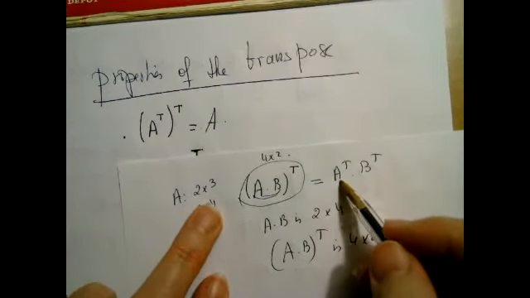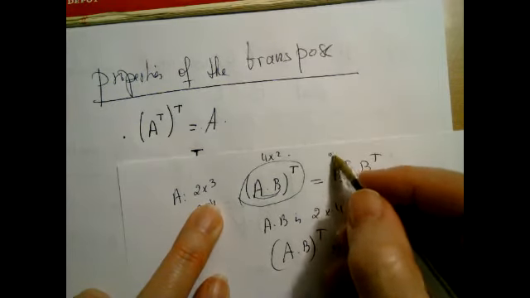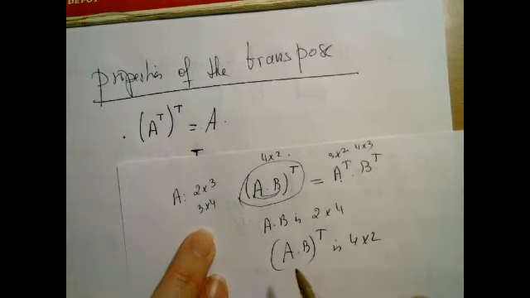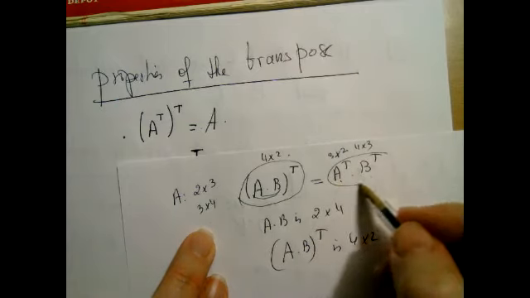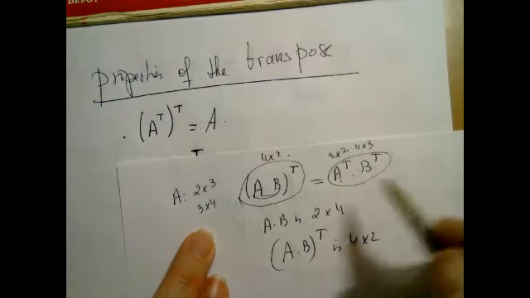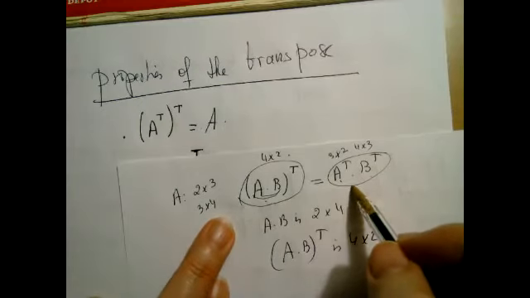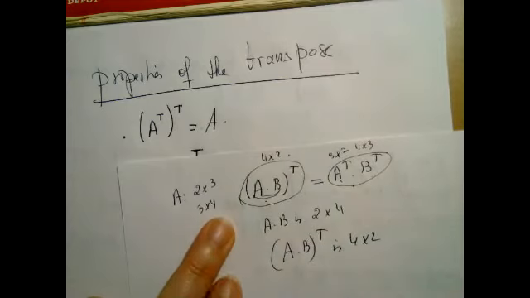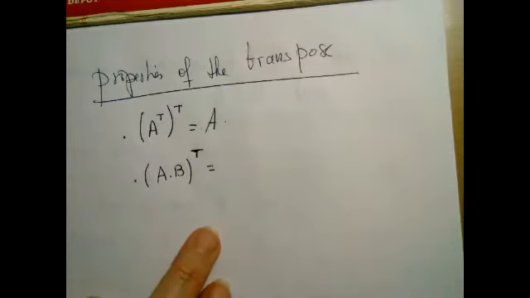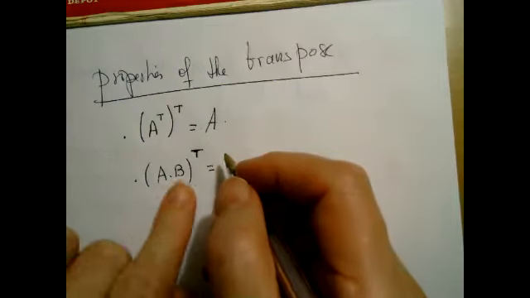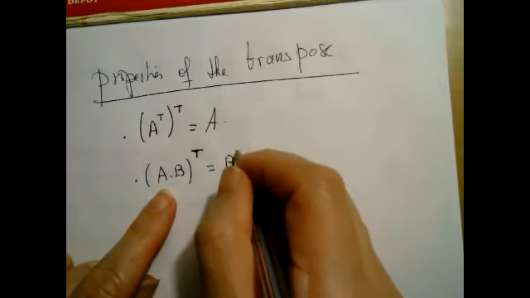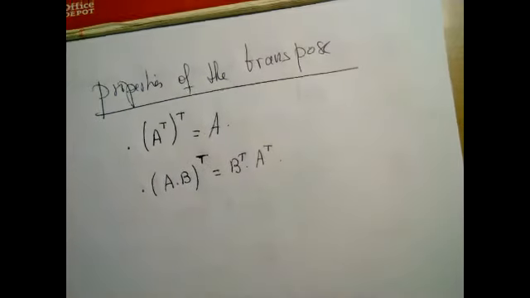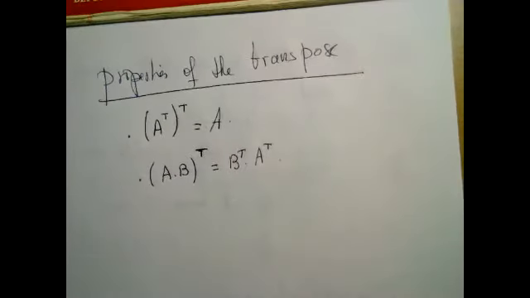If I go here, A transpose is 3 by 2. B transpose is 4 by 3. This is not even defined. So our natural tendency totally fails. That's a simple reason why it fails, because the product doesn't work. What actually works, but the proof is not trivial, so I will not do it, is you have to flip them. So it's the transpose of B times the transpose of A. That's how it acts under transpose.